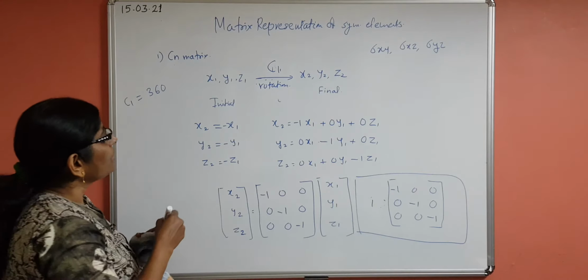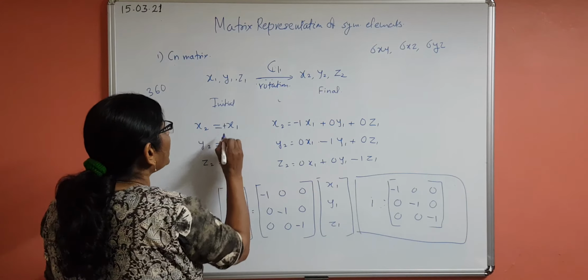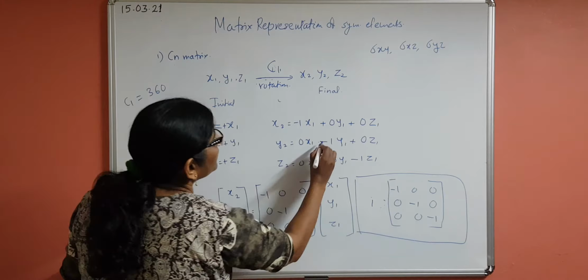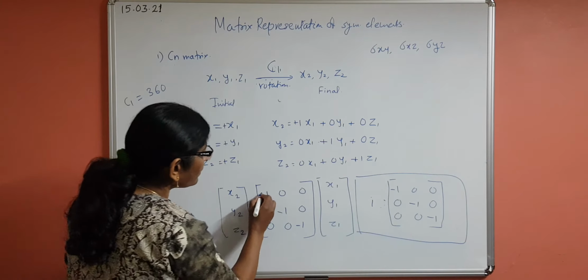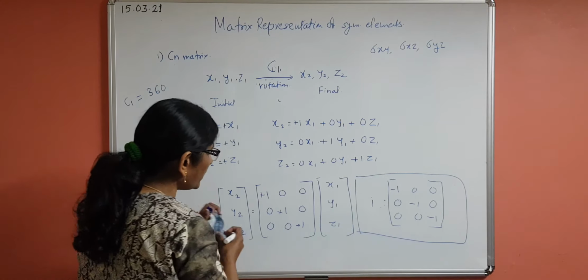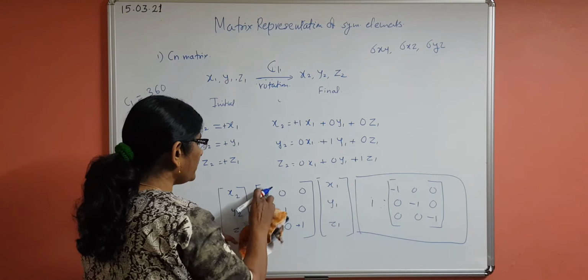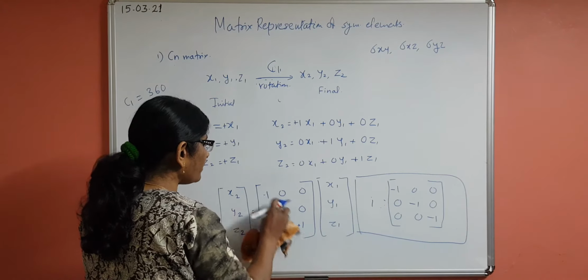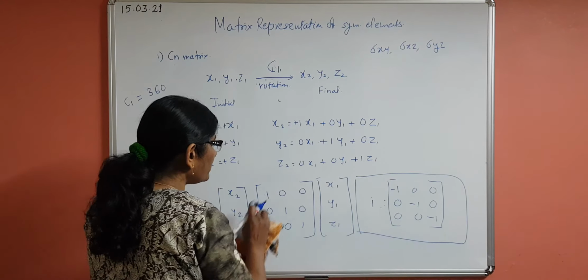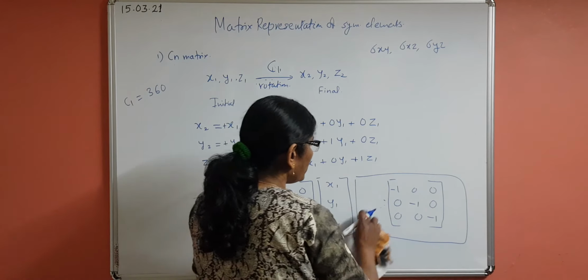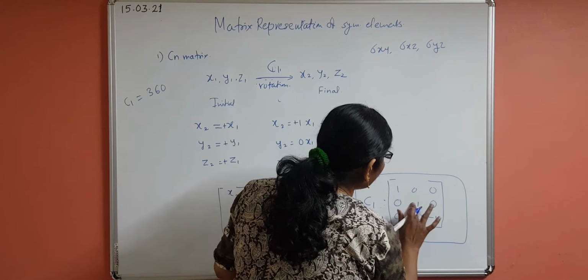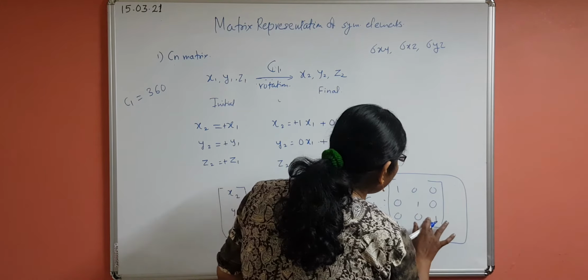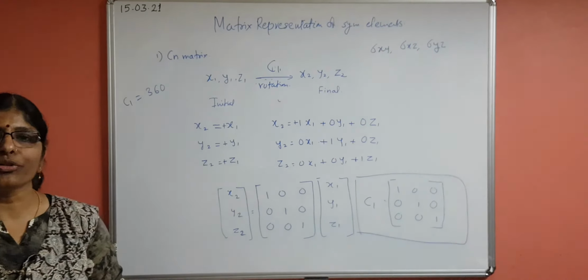The matrix will again be plus 1, plus 1, so we'll remove the sign to keep it easy. The matrix for C1 will be 1 0 0, 0 1 0 and 0 0 1. This is the 360 rotation.